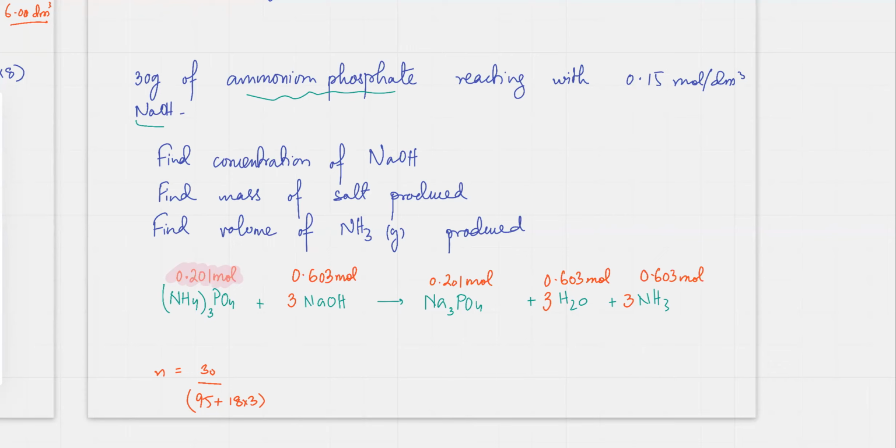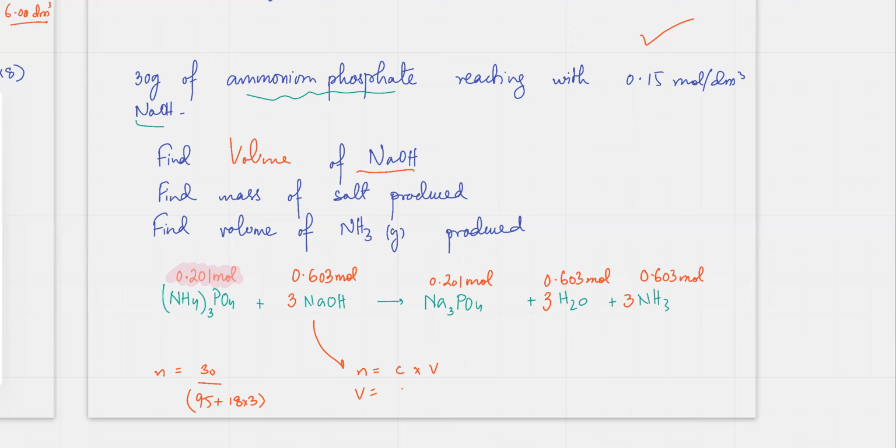Anyways, this was wrong actually in the question, because they already gave you the concentration. I was actually asking for the volume of NaOH. So you're given the concentration of NaOH. So you can use the concentration formula, which is moles is concentration times volume. You're trying to find volume, so it's going to be moles divided by concentration.